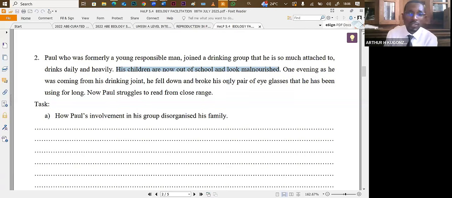That point is finished. Then point number 2, his children look malnourished because Paul can no longer afford to buy food for his children since he's spending much of the money, or even much of the time, with his drinking group. Task A answered. As simple as that.